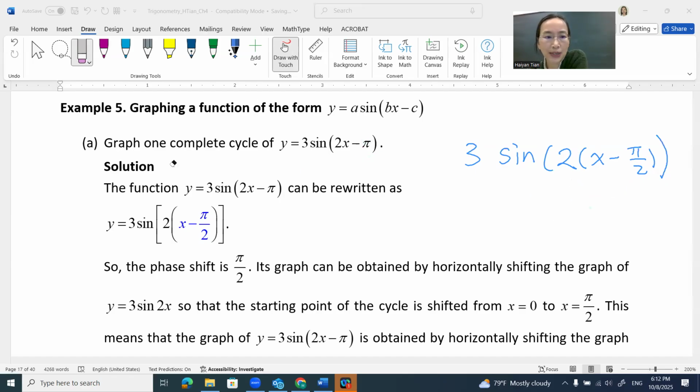We just rewrite it, because after rewriting we can see that this function is actually a translation of this function.